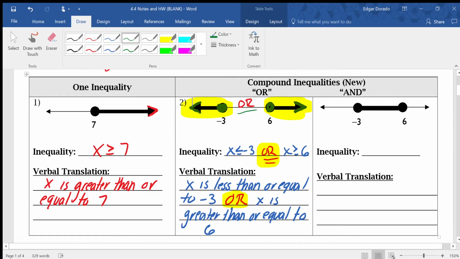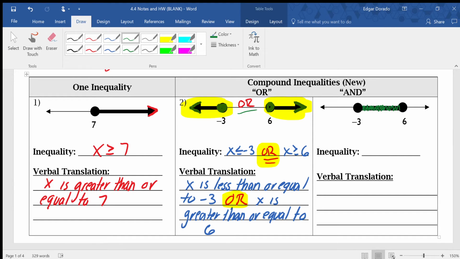Now, I also mentioned that for compound inequalities that are and inequalities, okay, those would be the exact opposite of ors. So instead of leaving a gap in the middle, they would be the gap in the middle, as you guys can see here. Okay, notice we're not going left or right anymore. Now it's that gap in the middle.